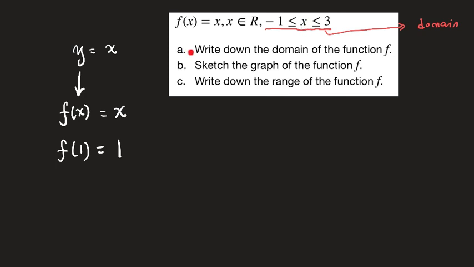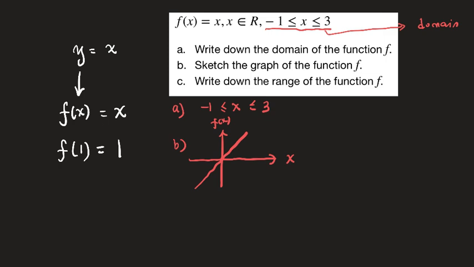So for the first question, it says write down the domain of the function. So part a will be x is greater than or equal to -1 and less than or equal to 3. And part b is sketch the graph of the function. As we know, the graph of y equals x will be a straight line like this.